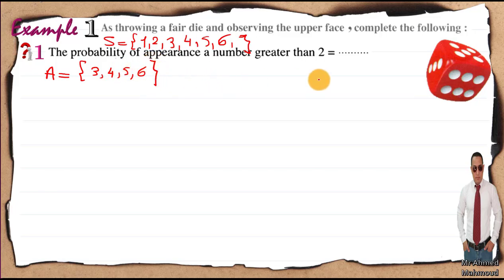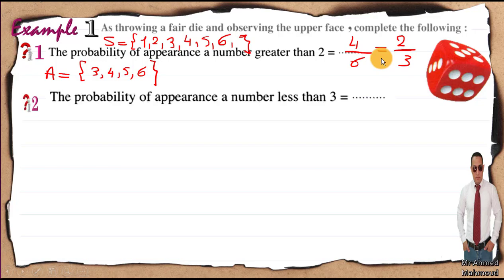Now, to evaluate the probability: the probability equals the number of elements of A over the number of elements of S. So it is 1, 2, 3, 4 over 6. 4 over 6 equals 2 over 3. Now B, the appearance of a number less than 3.